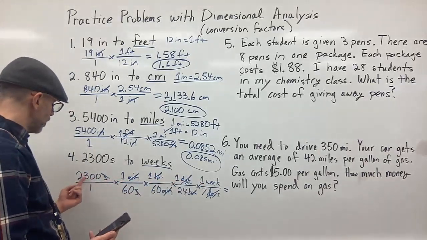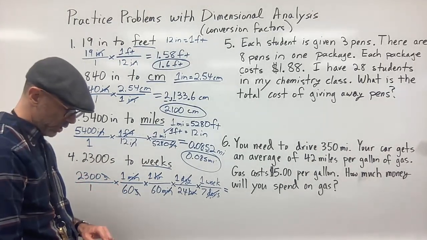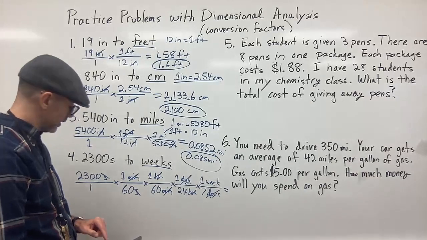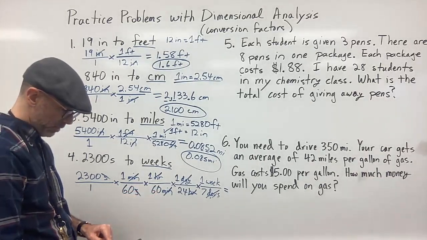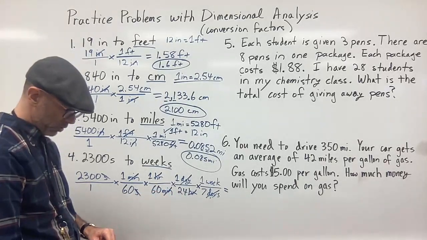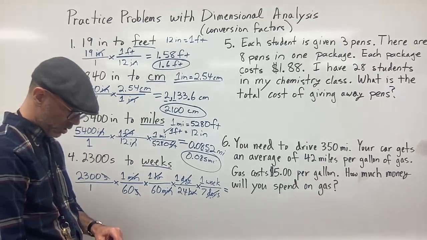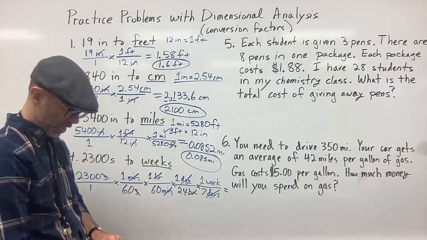So I have 2,300. I'm going to divide by 60. And then I'm going to divide by 60 again. And then I'm going to divide by 24. And then I'm going to divide by 7. And then equals.